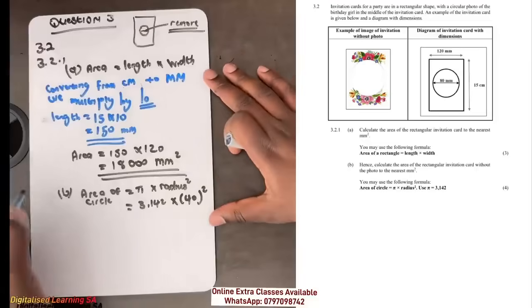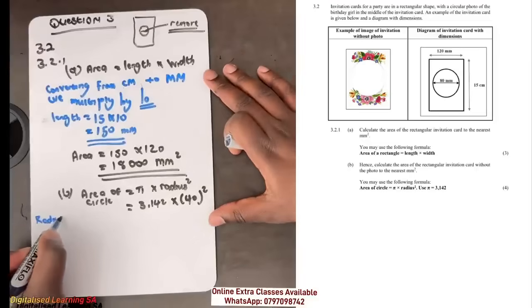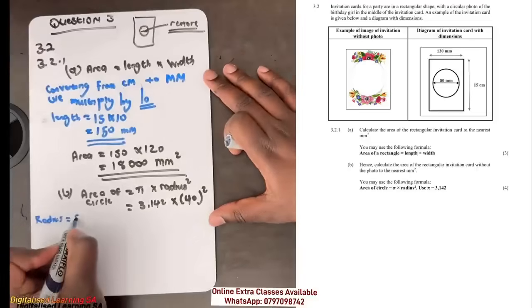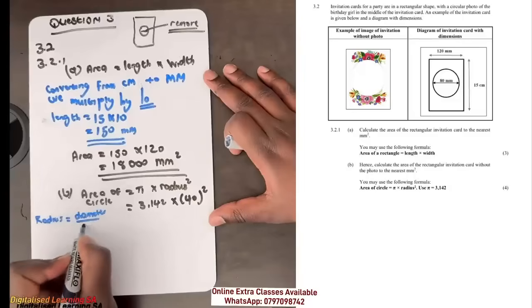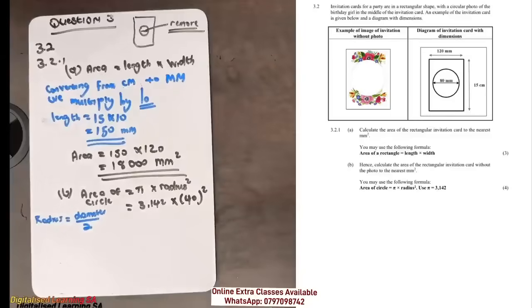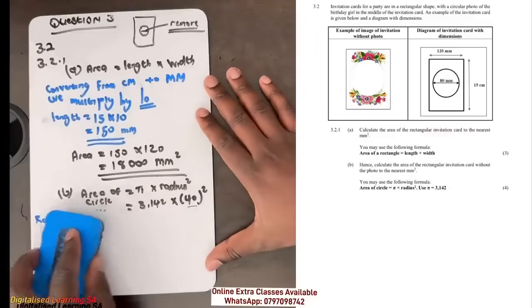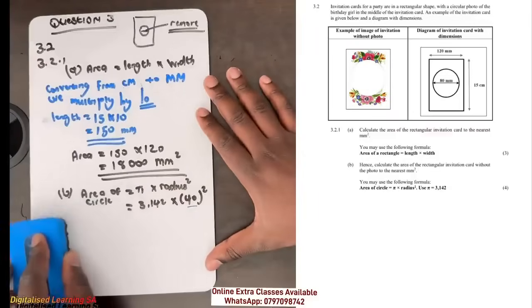So radius is equal to diameter divided by 2. That's why we have 40 here, meaning that we will have 80 divided by 2, which results in 40. So that's where the 40 is coming from.